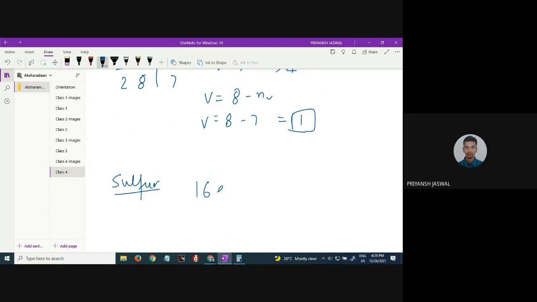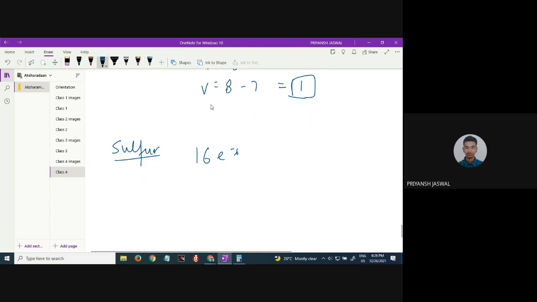Sulfur has 16 electrons. So its configuration is 2, 8, and 6. 6 is greater than 4, that is half of 8. So 6 is the number of valence electrons.